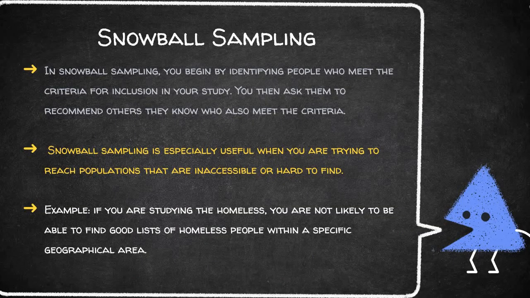The last one is snowball sampling, and you can relate to how this name has come about. As a snowball slopes down the hill, it accumulates snow and gets bigger and bigger.